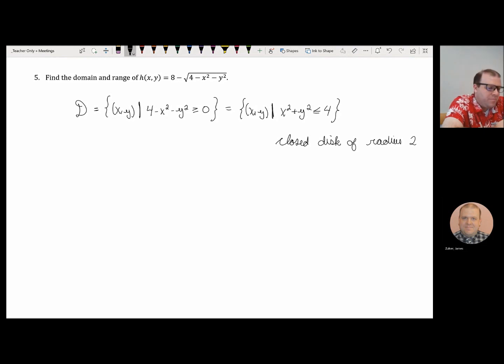Right? Closed simply means that the border, the boundary points are all included. Right? Open would mean that the boundary points are not included.